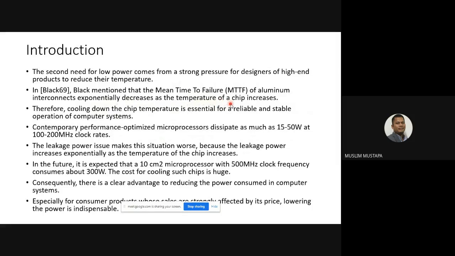So if you are using some of these aluminum interconnects in your chip, as the temperature increases, the lifetime of the connection will decrease. That means as the temperature increases, you are shortening the life of the IC, of the product. This is something that we don't want to happen, right?